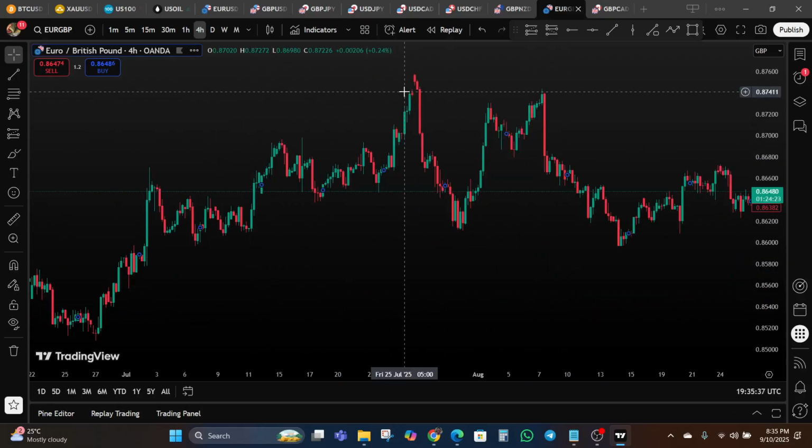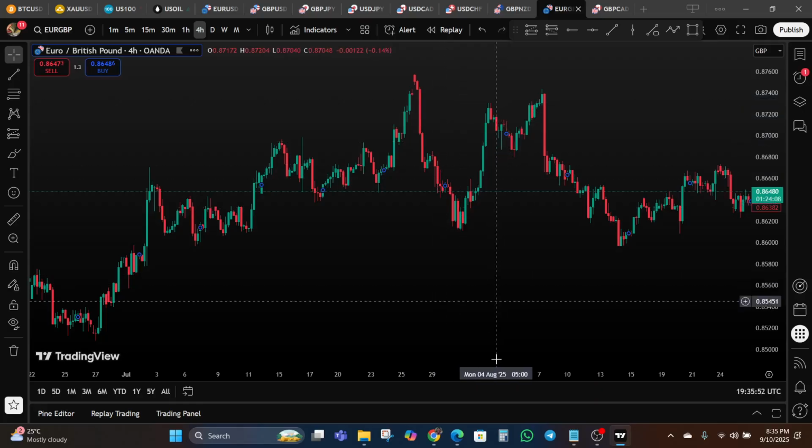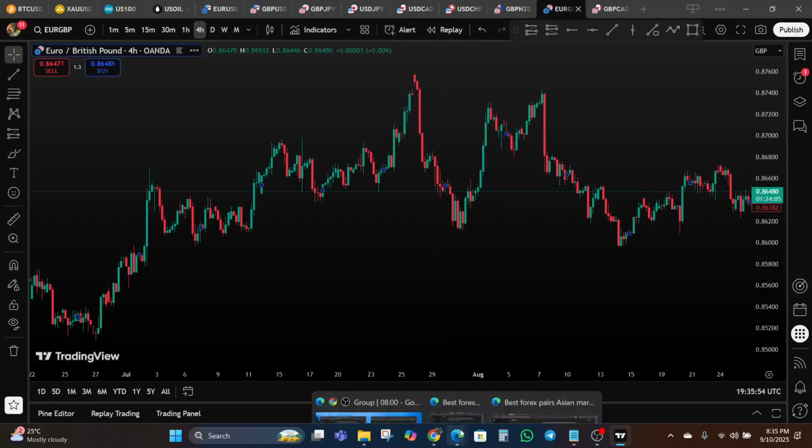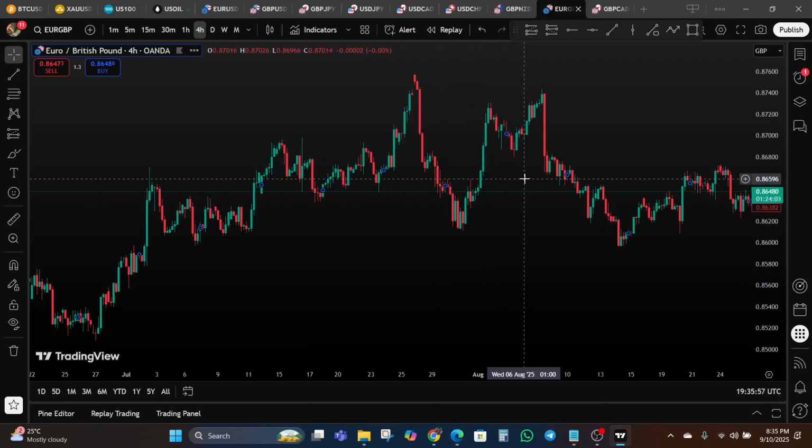Knowing how to spot these patterns can help you identify possible reversals or continuation setups where the price could continue downward.